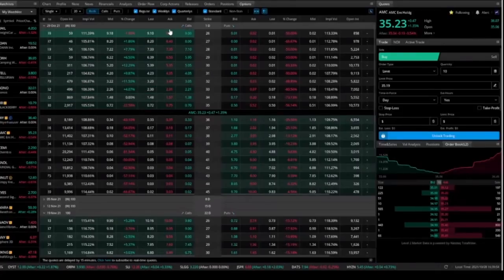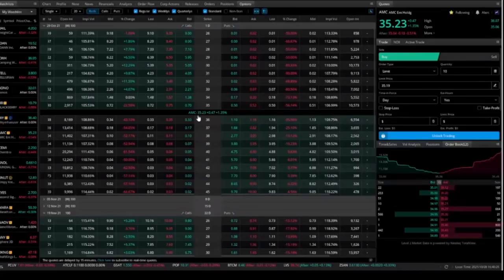So let's say I'm just looking at this AMC options page, and I'm just going to go through these again. The ask here, the red numbers, that's the premium price for the contract. That's the actual price for the contract. The strike price, this middle gray line, that's the price per dollar for a strike price. So we've got a $26 strike price, a $27 strike price, and so on.